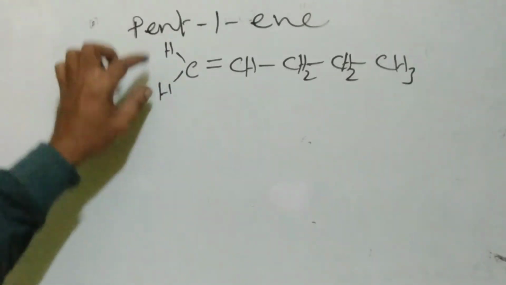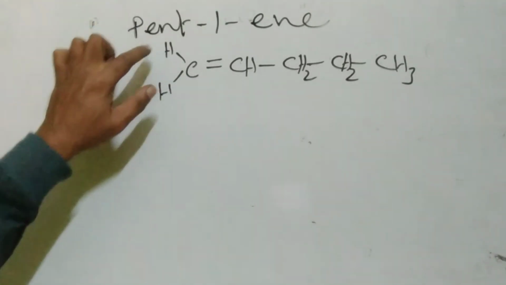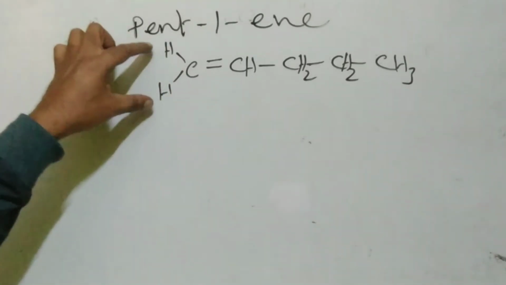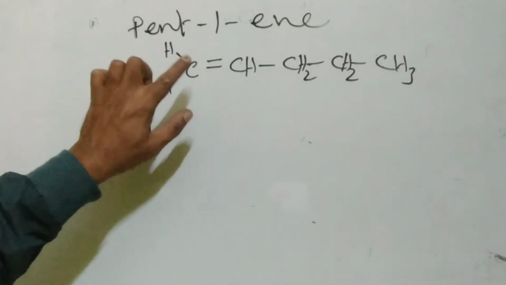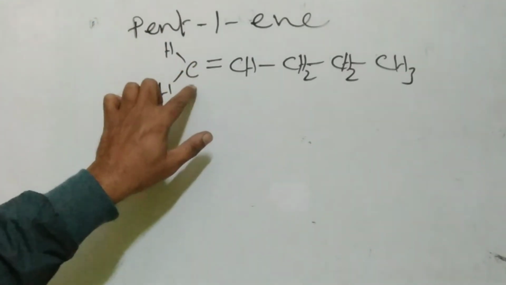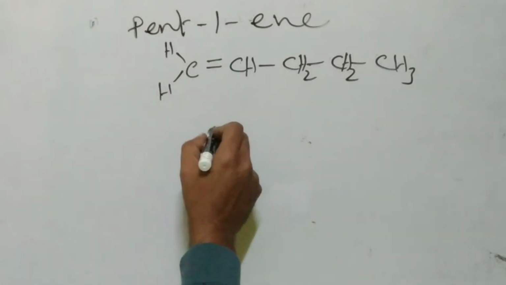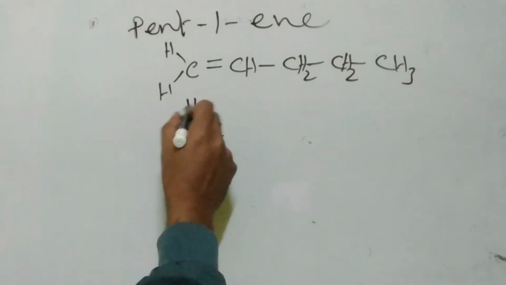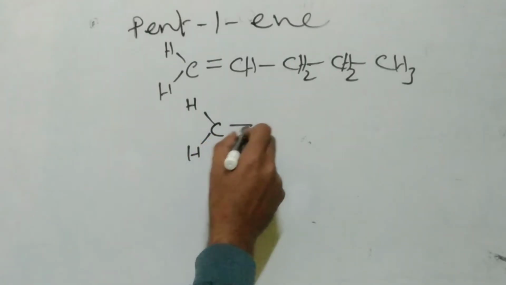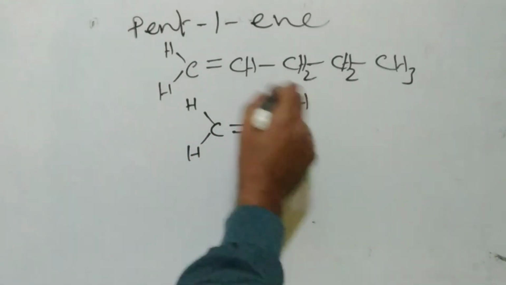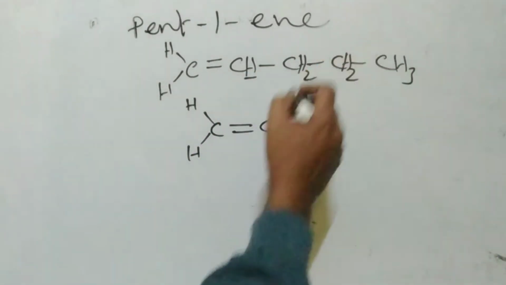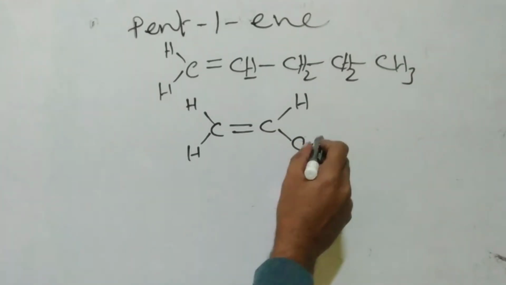Here all the groups are same, two hydrogen atoms are present, and that's why this is a symmetrical carbon, and therefore no geometrical isomer will be there. We can see that if you write in this manner, hydrogen, hydrogen, double bond C, then here hydrogen, and the other is propyl group, that means C3H7.